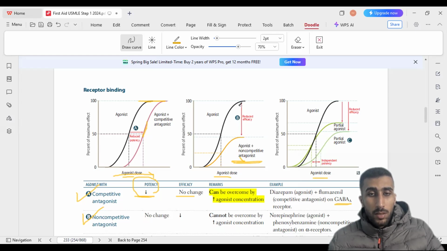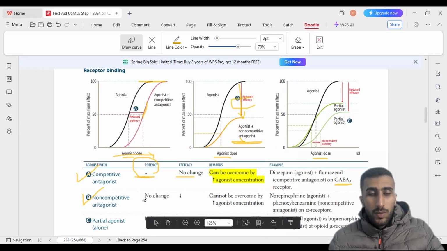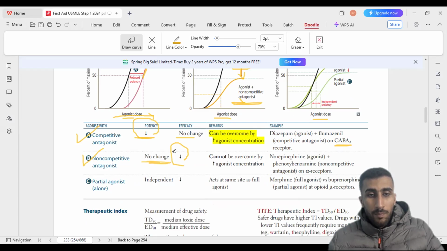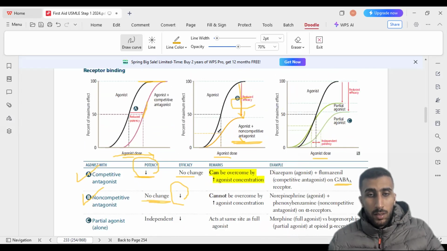It does not reach the maximum effect, and the difference between the original curve and this curve is the reduction in efficacy. So the non-competitive antagonist decreases the efficacy, while there is no change in the potency.